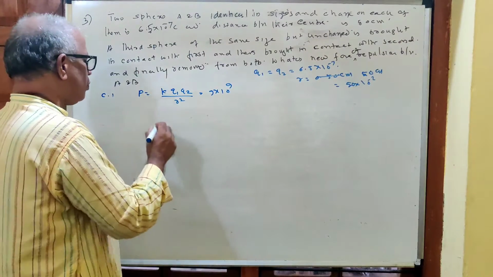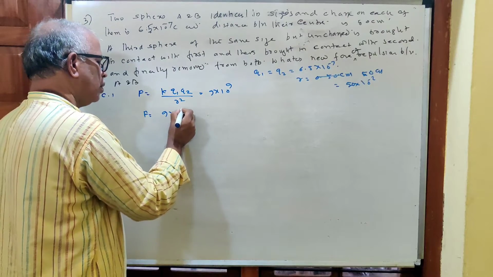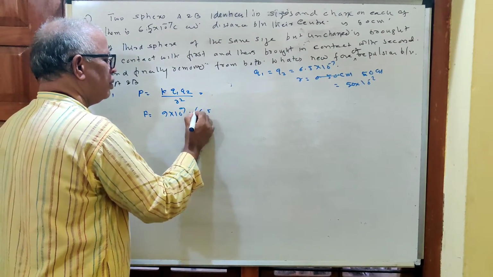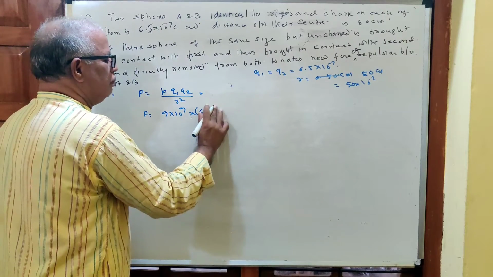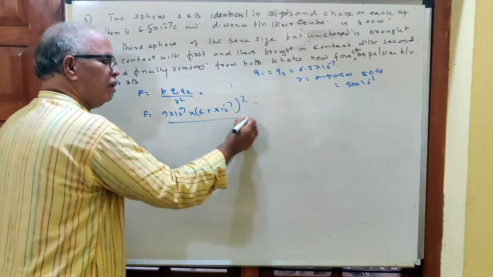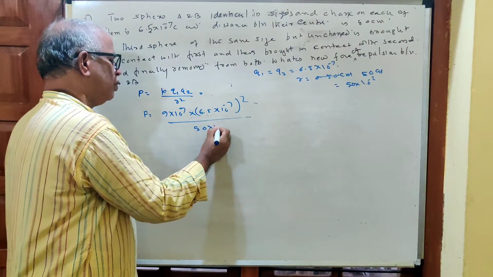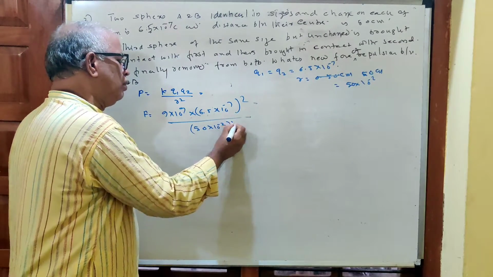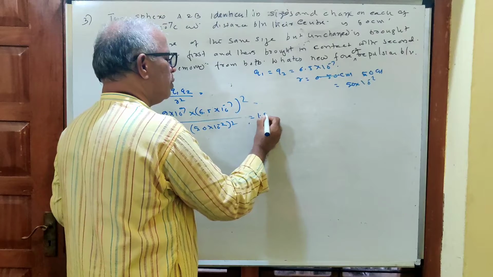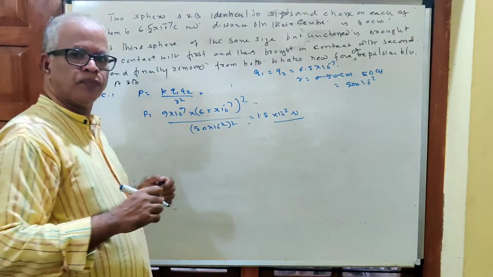So F is equal to 9 into 10 to the power 9 into 6.5 into 10 to the power minus 7 the whole square by 50 into 10 to the power minus 2 the whole square. You simplify it, you get 1.5 into 10 to the power minus 2 Newton. This is simple simplification, there is no complication here.